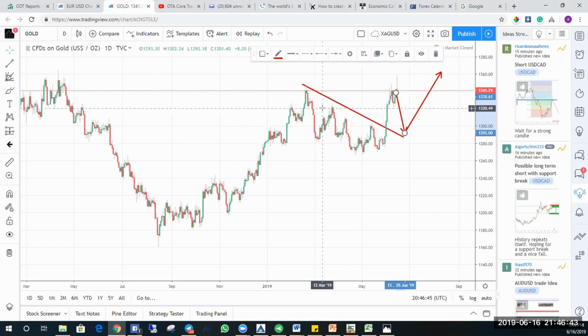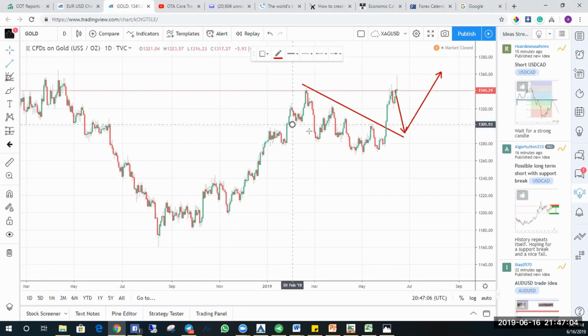Here we could see price bounce off the 1320 level, or another level here, the 1308 level, or this level here. But in the long run, this is still a very good buy decision.